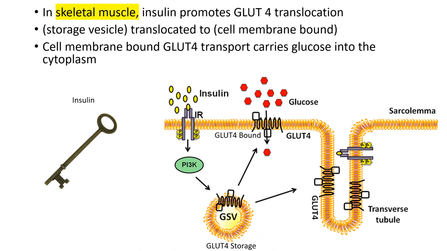If this insulin receptor complex forms, then a storage form of GLUT4 is going to translocate into the membrane. Now it's going to be bound to the membrane. In the picture, you see the high glucose on the outside; it cannot move inside until the GLUT4 is bound to the membrane. And this can only happen if the key is present.